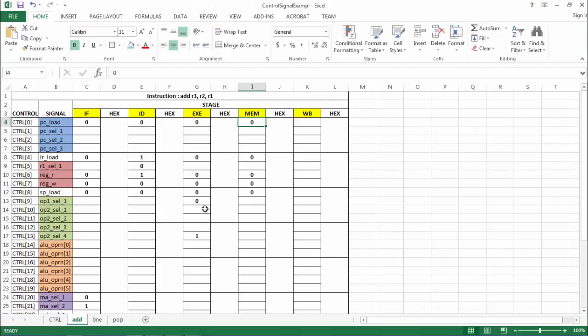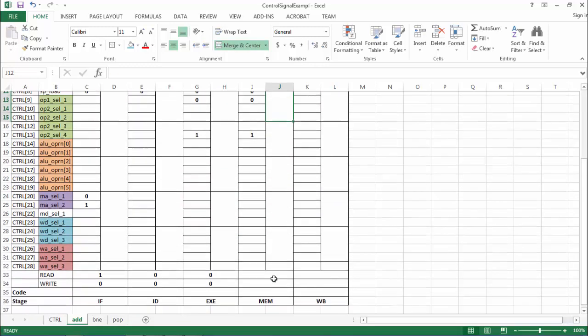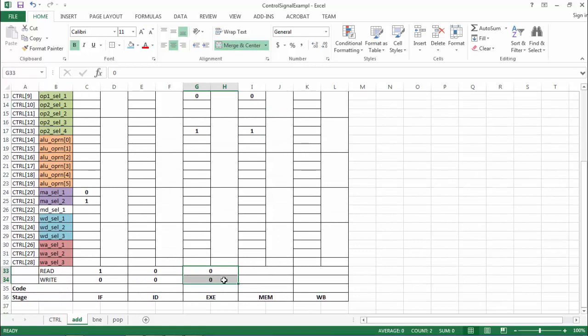So we carry forward this control here and this control here. And then of course memory-wise I'll just have 2 zeros, just hold.